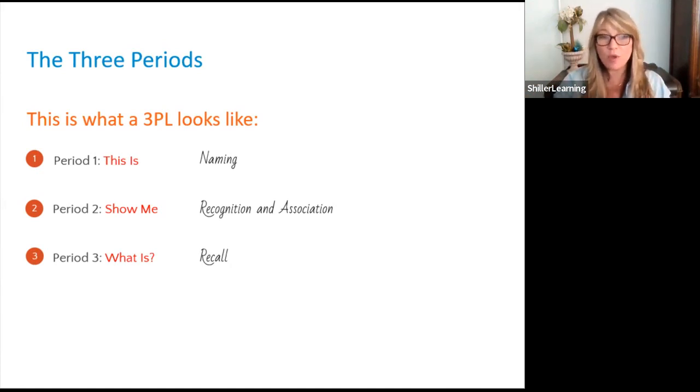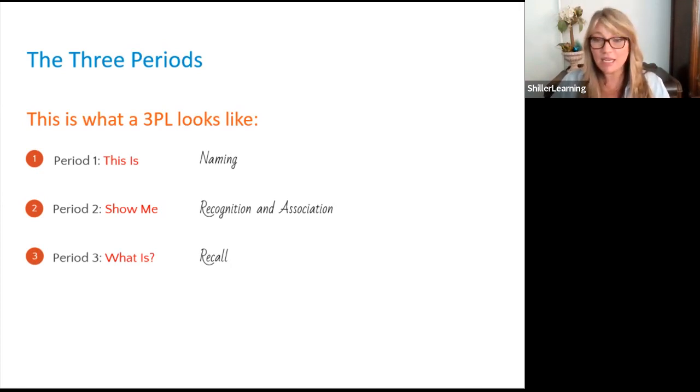So super simple. No matter what discipline you want to apply this to, you are going to be able to do that. And then at the end of the third period, the child is going to be confident and secure using the new skills that they have acquired.